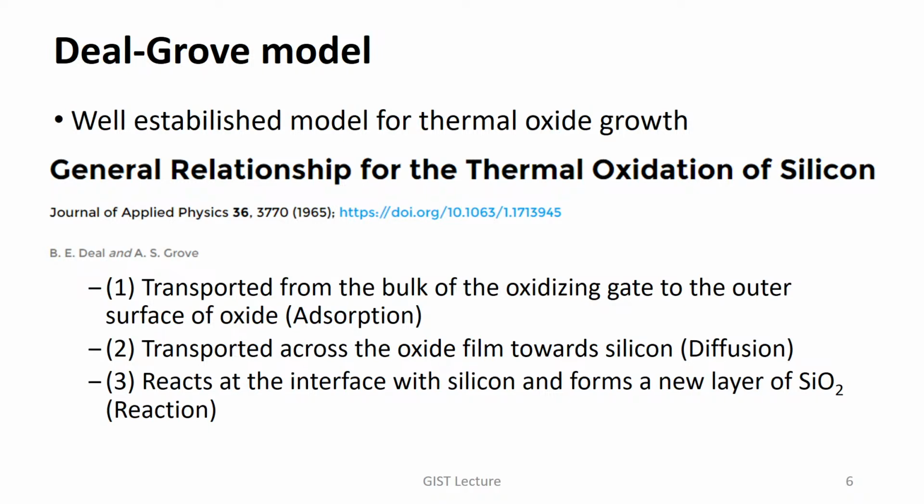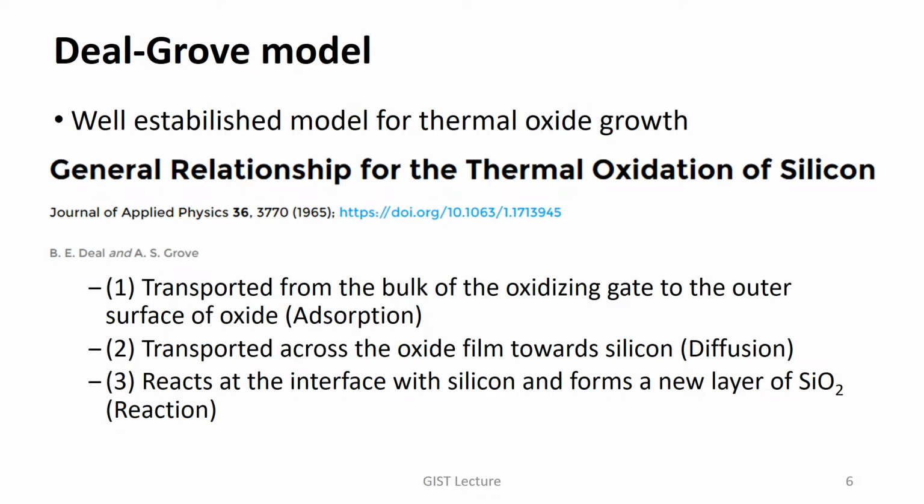As I told you before, in order to meet the silicon, the oxidant should travel from the bulk of the oxidant gas to the surface of the oxide, and also diffuse inside the oxide. After that, the reaction should happen.